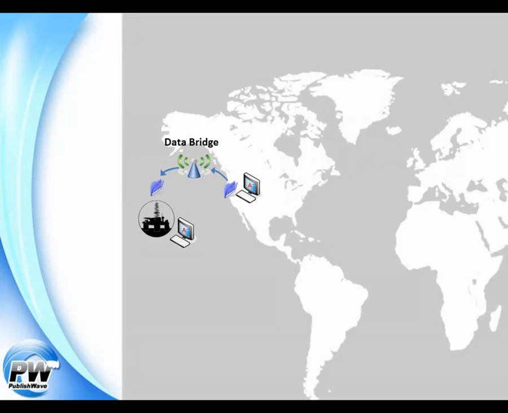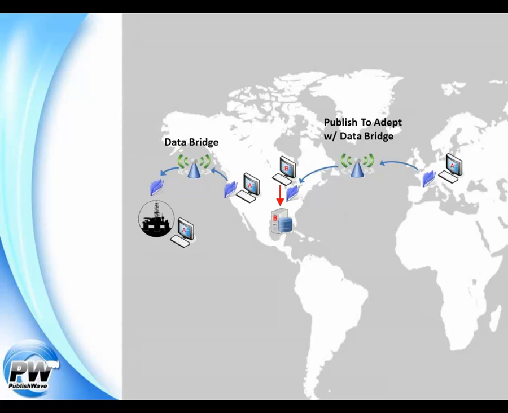And think of it even more from a local use. If you have remote sites around the U.S. or abroad, different countries, Data Bridge can also be used with the Publish to Adept feature. So in this example, they're publishing documents using Data Bridge over a connection that may be sluggish or prone to failure once in a while. They're publishing to this location so people can see those documents, but they've also used Publish to Adept to sign those documents into a local Adept server installation.